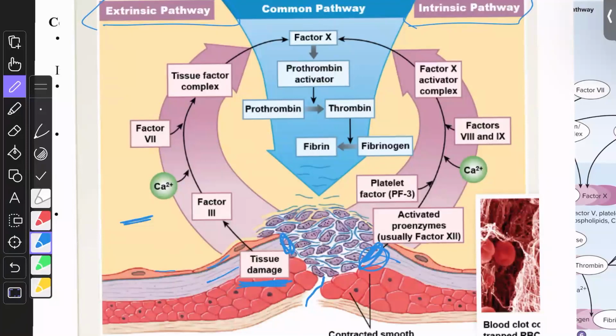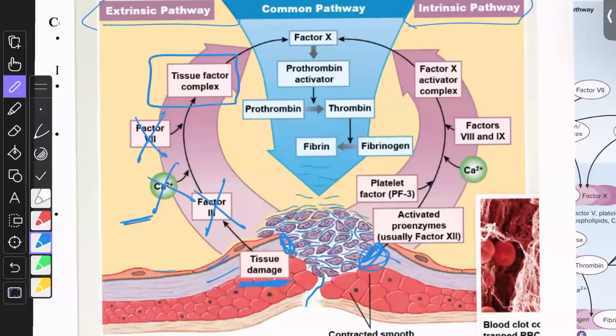Now, I am not going to ask you to identify all of the individual factors and what order they come in. Okay? The things that I really care about you knowing are, I'm going to identify for you here. So you need to know that tissue damage leads to the activation of the extrinsic pathway. Okay? Don't worry about factor 3. Don't worry about calcium. Don't worry about factor 7. Okay?